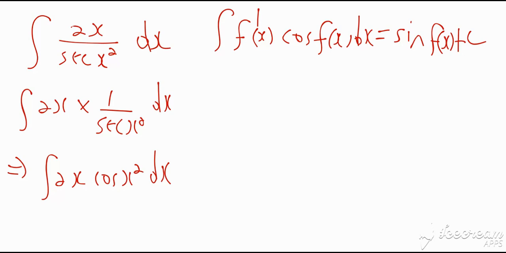So when applied to that function, the function f of x there is x squared and f prime of x is 2x. So when I integrate that, I'm simply going to get sine of x squared plus c, which is the constant of integration. So that's the time trig functions come in, and you may have to apply a trig identity. It doesn't mean the function is more complex, it just means that we have to know our trigonometric identities.